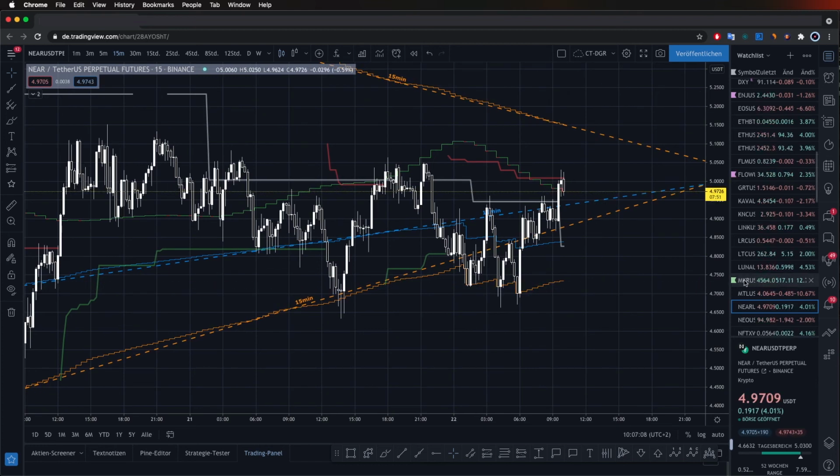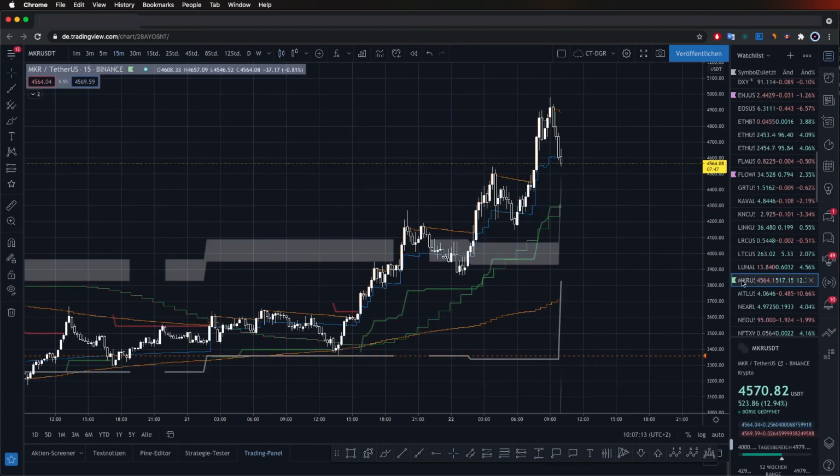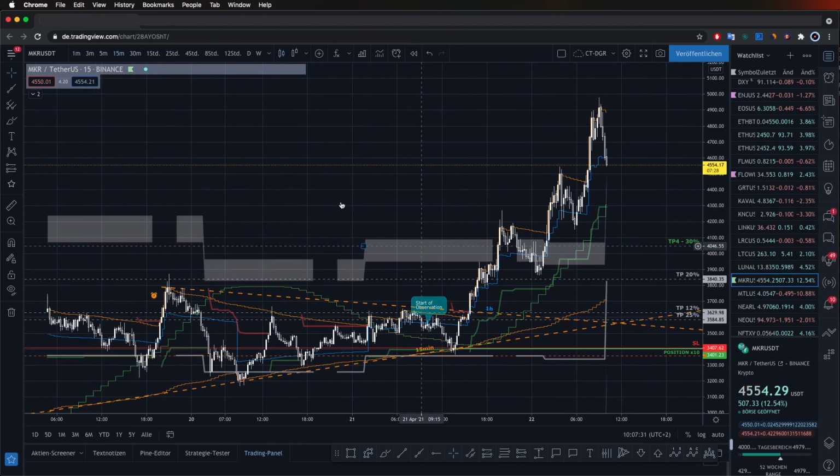Let's now look for the third coin we started yesterday. This looks super good. We started the observation here. We went into the trade here. You remember we took first, second, third profit and the fourth profit, where I said, okay, now we are close to the all-time high.